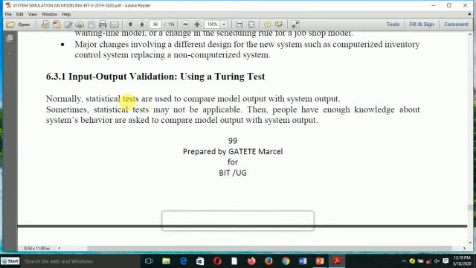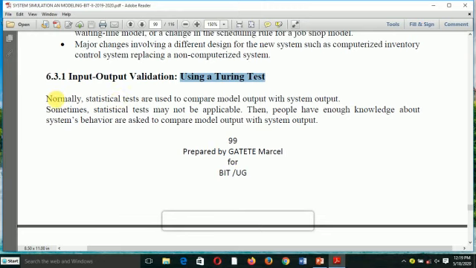So, input-output validation using a Turing test. We can validate input and output using a Turing test. Normally, statistical tests are used to compare model output with the system output.